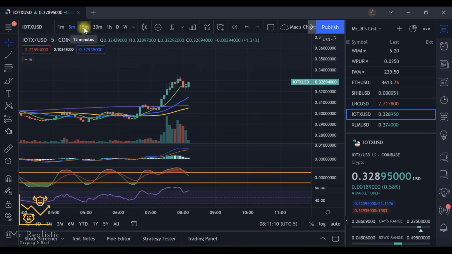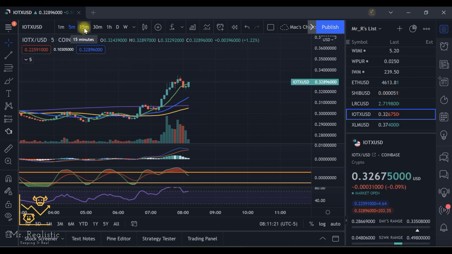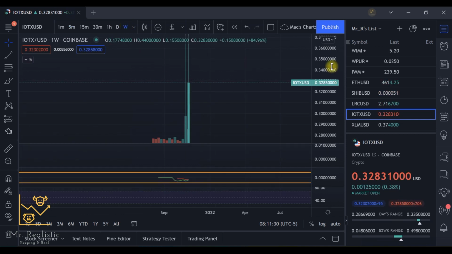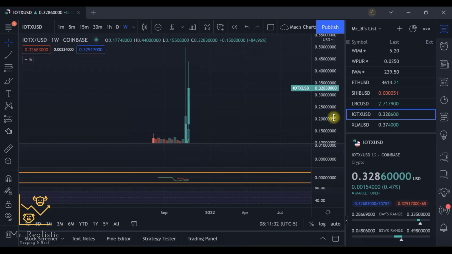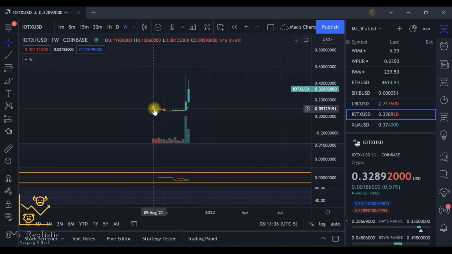The 5-minute chart is on the bottom of the totem pole of the 15, the 30, the hour, the daily, the weekly. So the weekly is your strongest right there. If we looked at that, we know that the weekly is very strong, because IOTX hasn't been around very long, look, it's only been around since August.